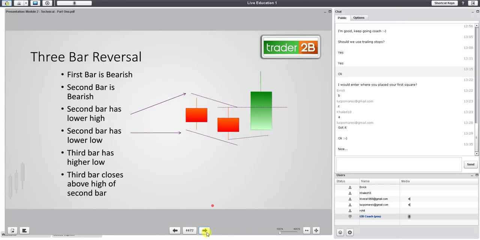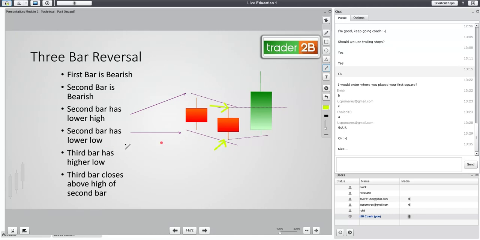Okay, so now we have our three bar reversal. The first bar is bearish. The second bar is bearish, and the second bar has a lower high, as we can see right there. The second bar has a lower low, as we can see right there.